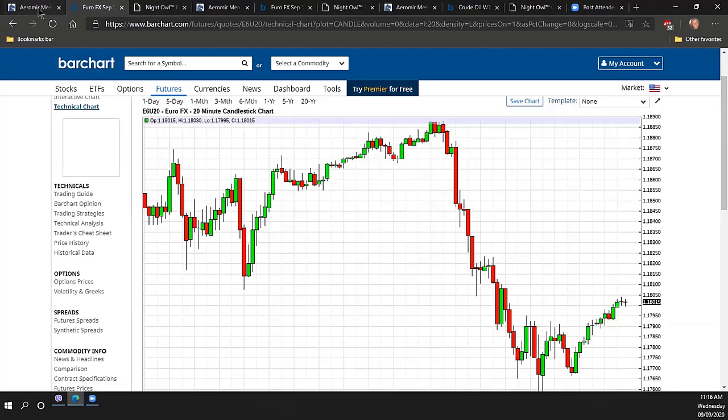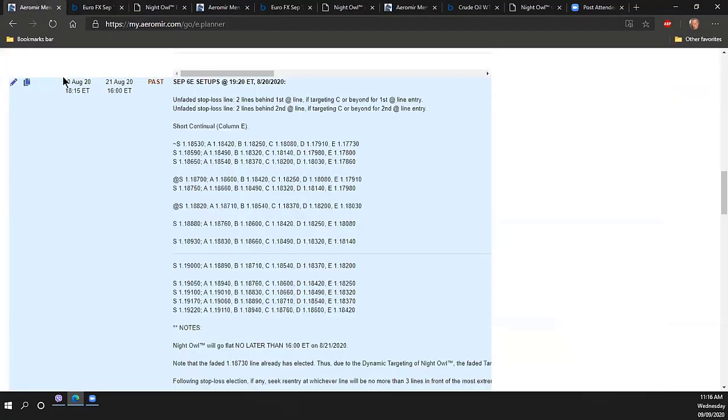the way we manage that, and here is one of the critical points in Night Owl. Night Owl uses a technique called dynamic targeting. What that means is the following. Night Owl seeks a target Charlie exit.